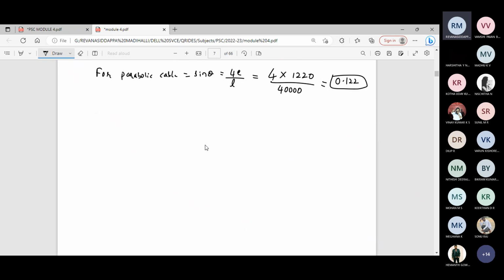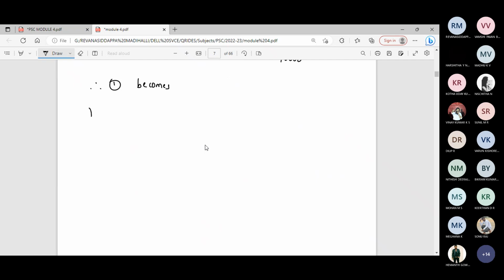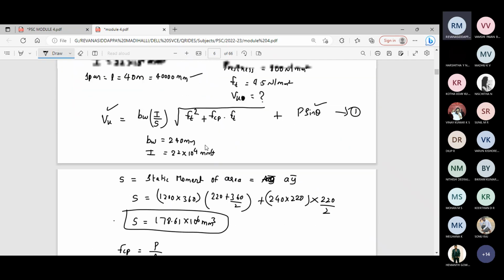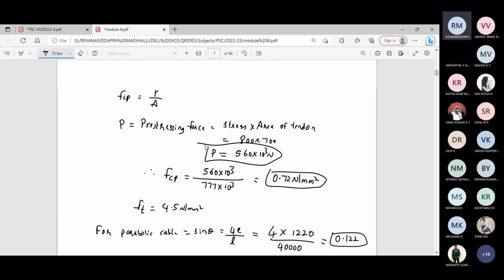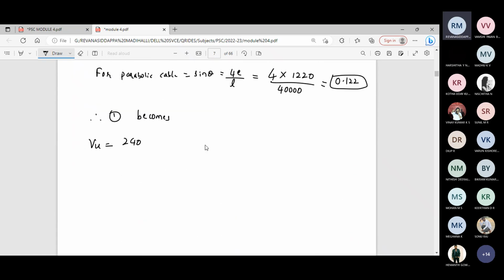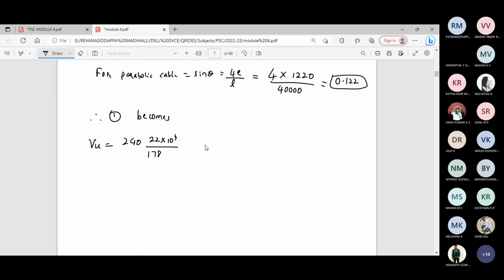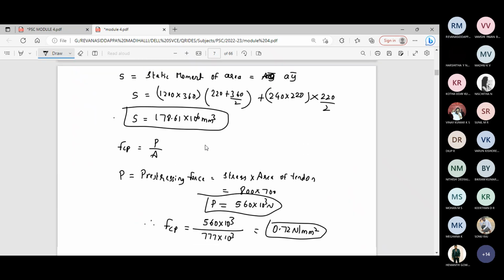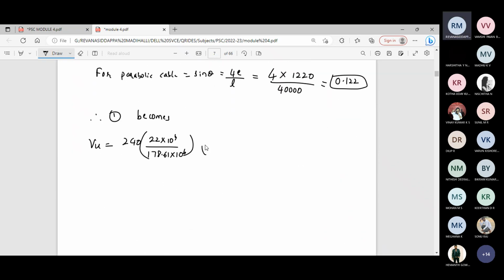Therefore, equation 1 becomes VU is equal to BW, which is 240, into I by S. I is 22 into 10 power 4, divided by S. S is 178.61 into 10 power 6, into root of FT square plus FCP into FT.